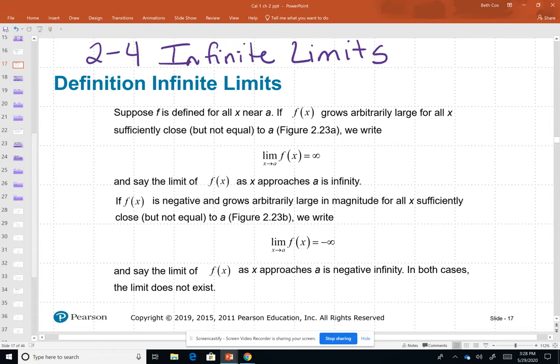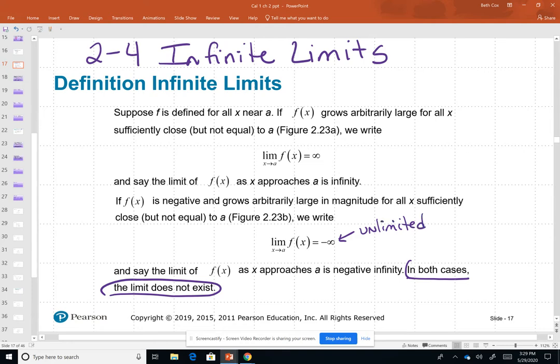Section 2-4 is infinite limits. When we approach a number and the value actually goes to infinity, this is an infinite limit. But one thing I want to make sure that you understand, and this is kind of tricky, technically the limit does not exist because infinity is actually unlimited.